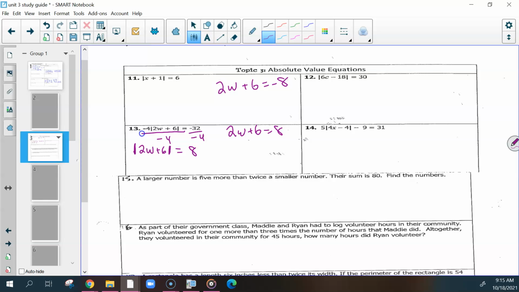Wait, that's for number 11. That should be- No, these both are for 13. I just don't have space. You may have more space to write, I just don't. Just subtract 6. And divide both by 2.